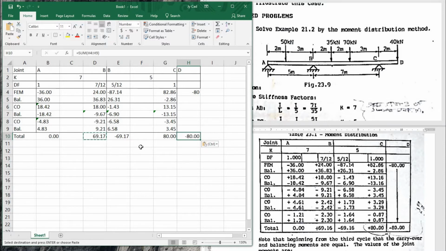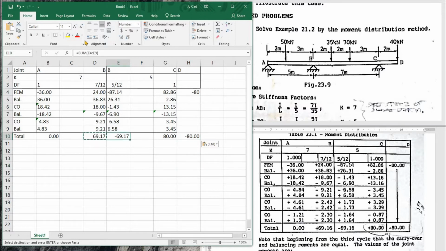Okay guys, so you will notice na at point B, balance na ang kanyang moment. If you will add this, 0 yan. 69.17 positive plus negative 69.17 would be 0. Ganon din dito sa point C. 80 plus negative 80 is 0.